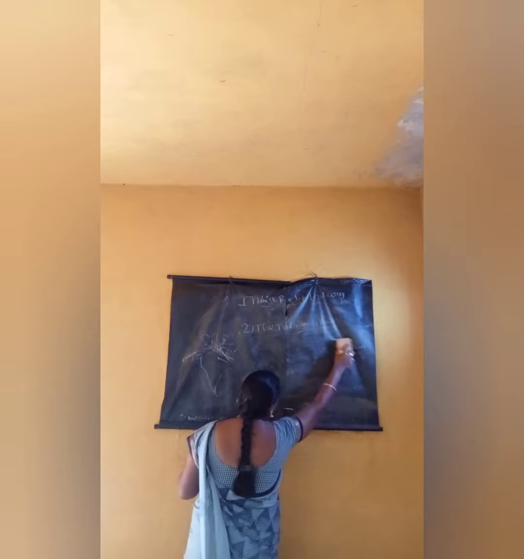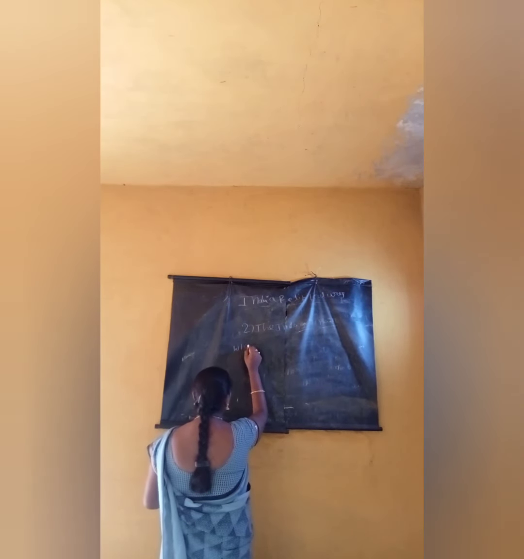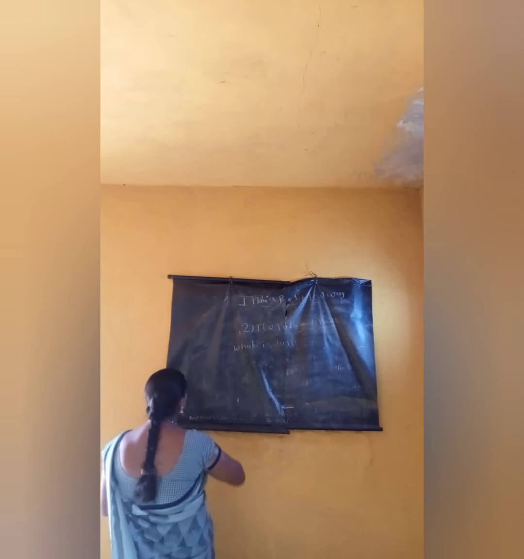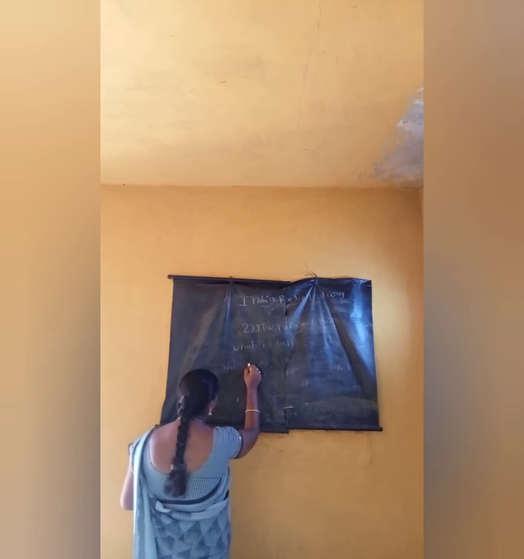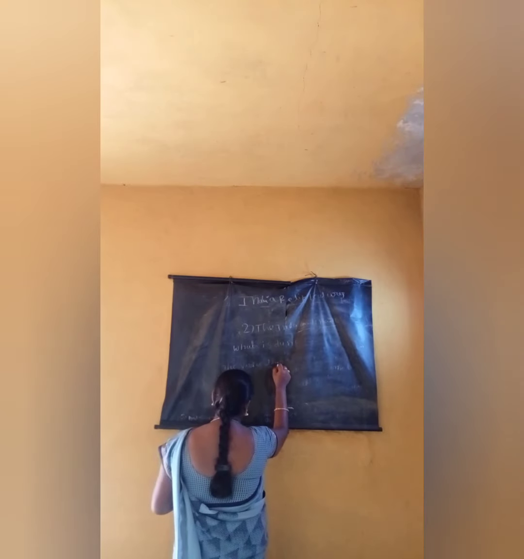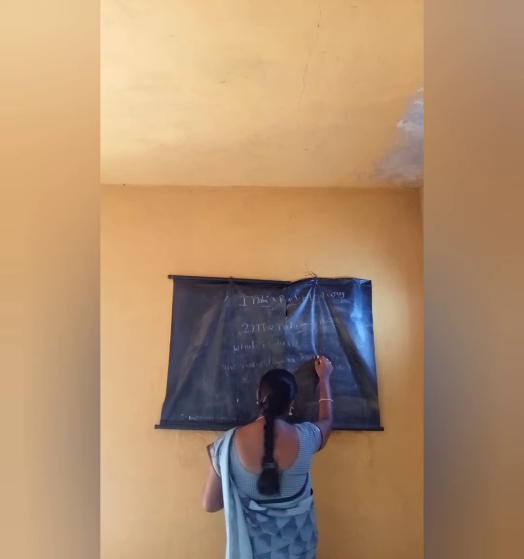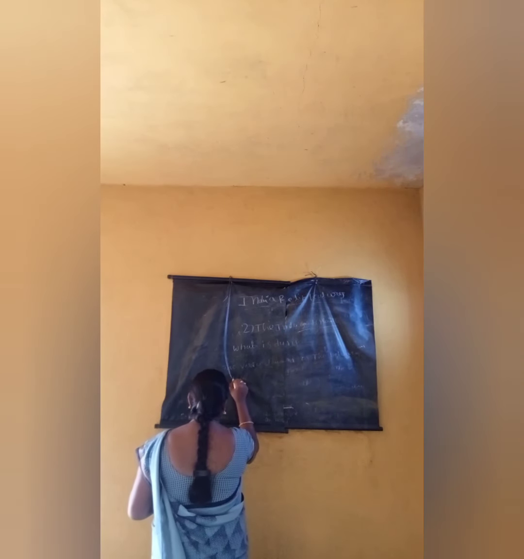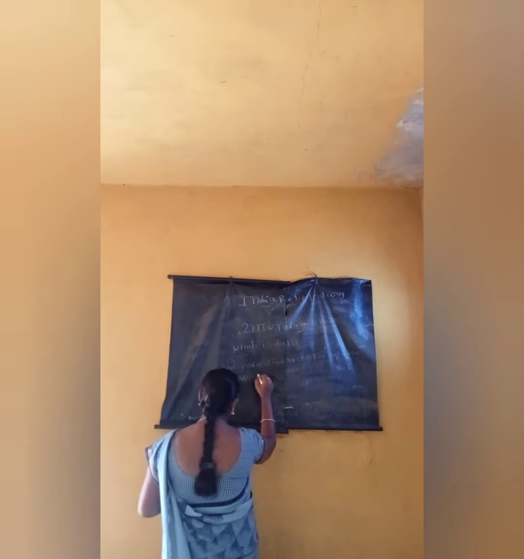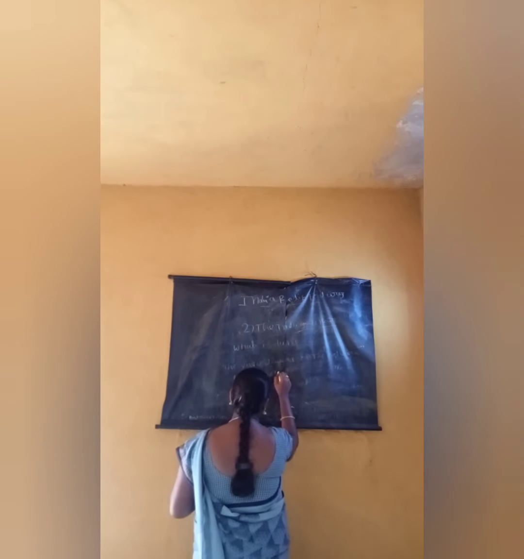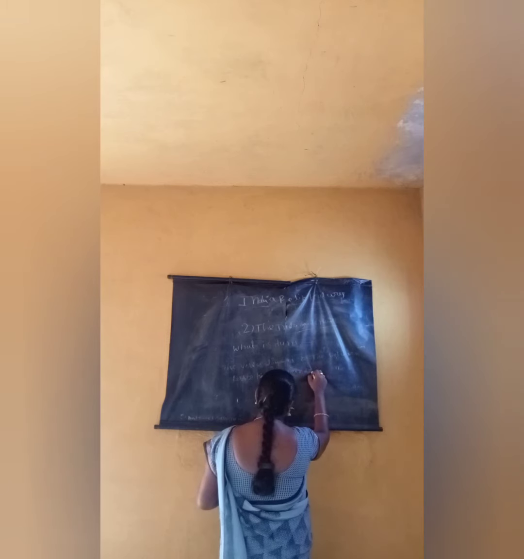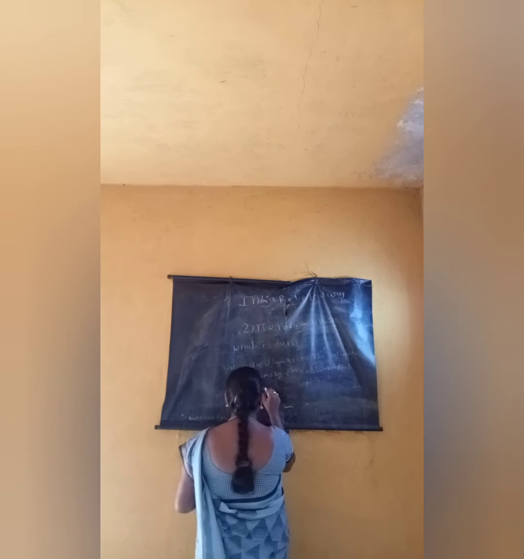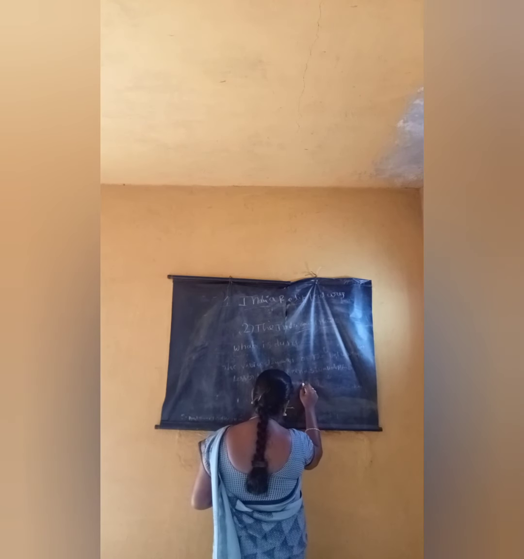What are dunes? One more question. The valleys lying between the lesser Himalayas and the Shivalik hills are called dunes.